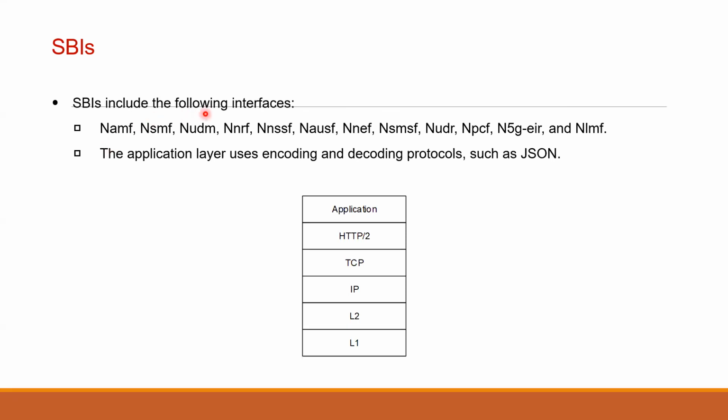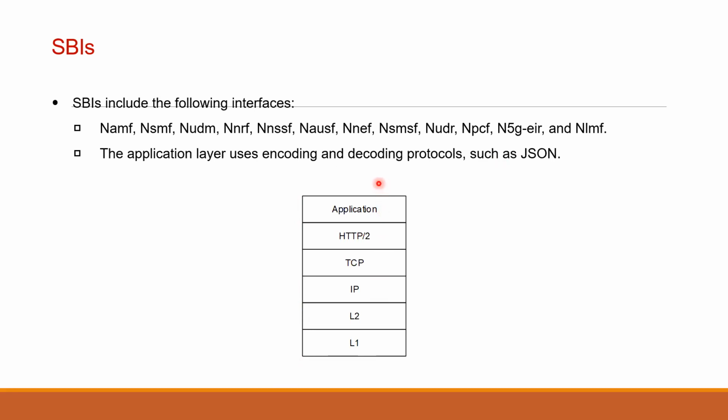The SBI interfaces, like we saw, AMF, SMF, all that, work on a similar or common encoding and decoding protocol. It depends on which protocol you're using, but its protocol stack is like L1, L2, IP, TCP, HTTP2, and then the application.